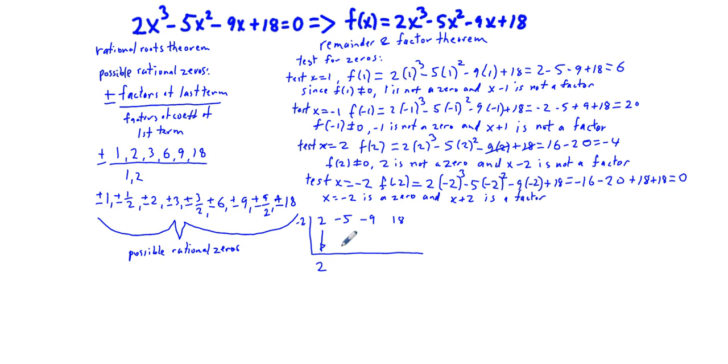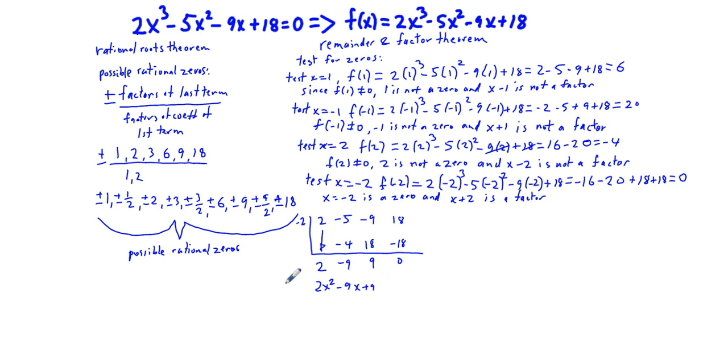Negative 2 times 2 is negative 4. Negative 5 plus negative 4 is negative 9. Negative 2 times negative 9 is going to be 18. Negative 9 plus 18 is 9. Negative 2 times 9 is negative 18. So we have 0. And what we have left here is 2x squared minus 9x plus 9.